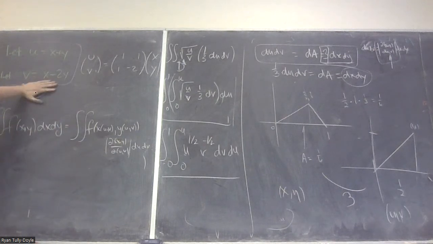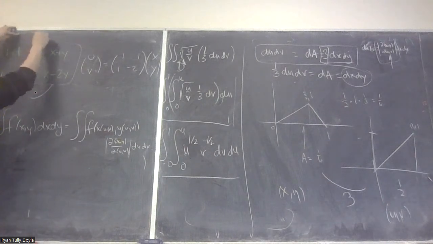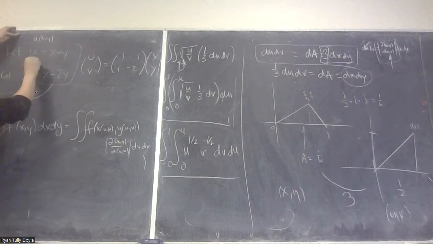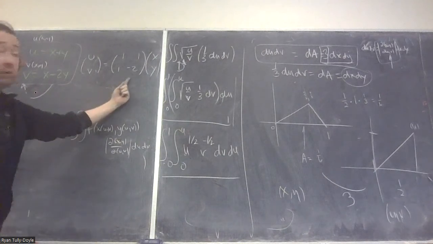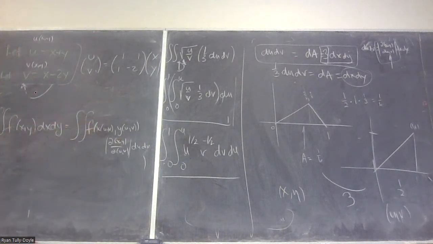The problem is, by the nature of the substitution I set up, I have this built backwards. I have u as a function of x and y, and v as a function of x and y. So this matrix is the wrong one. I can't do what I'm trying to do here.